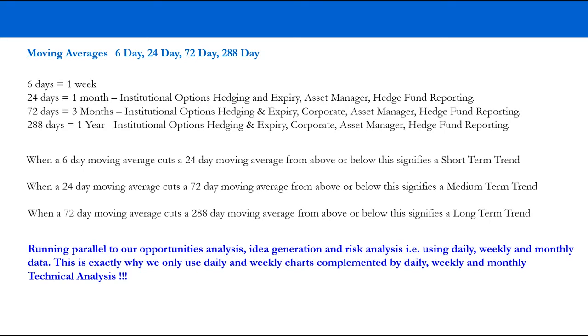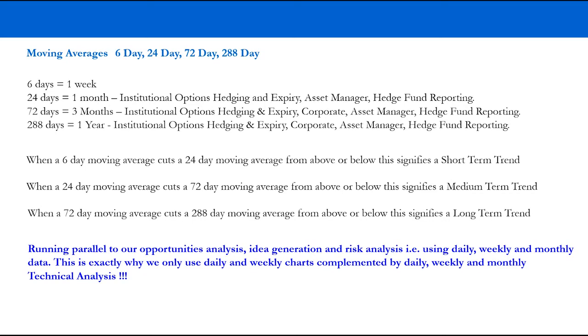And when a 72-day moving average cuts a 288-day moving average, so that's the 3-month moving average cutting a 1-year moving average from above or below, this signifies a long-term trend.